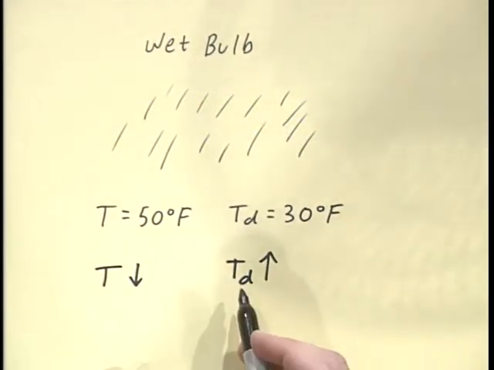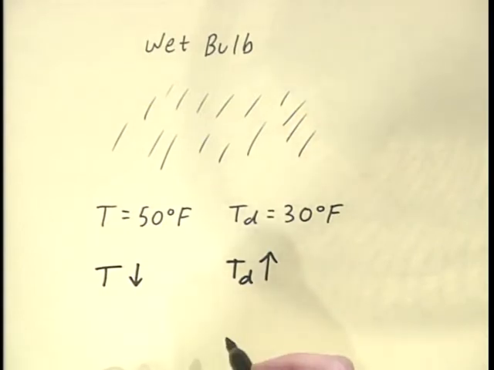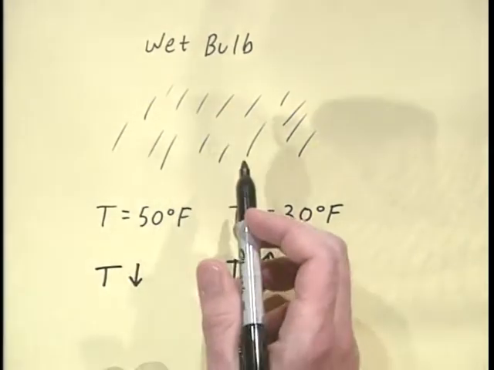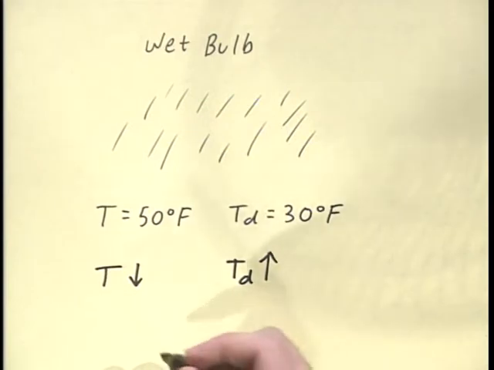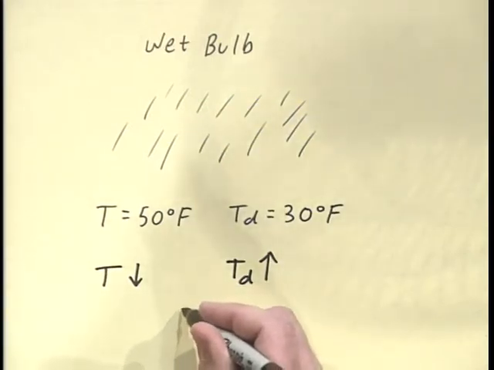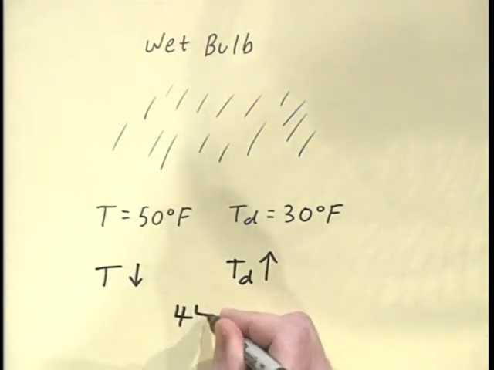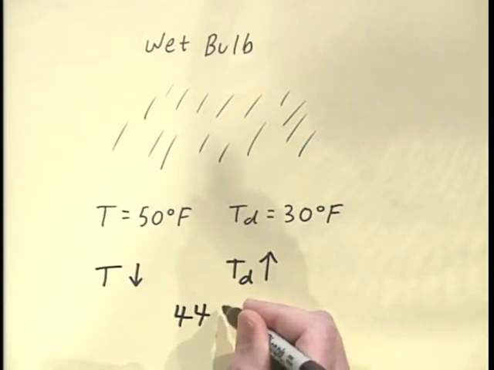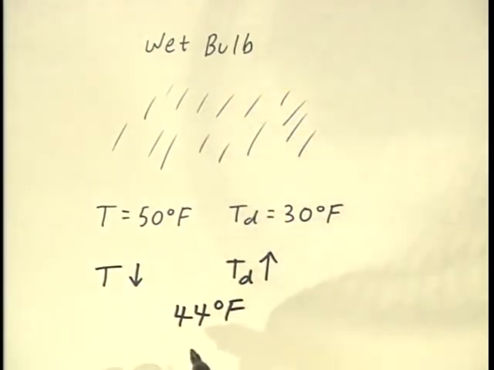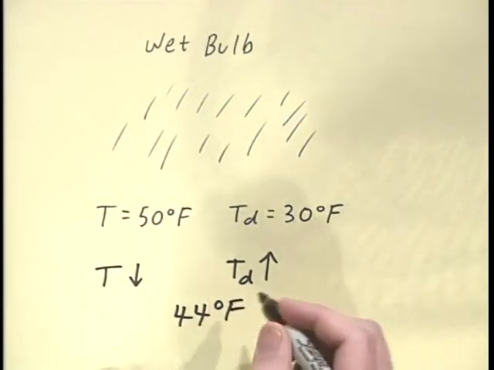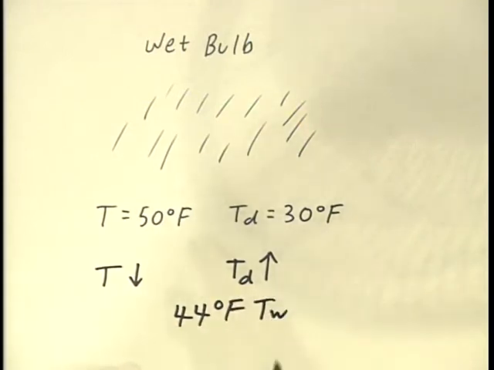Generally the dew point will increase more than the temperature will drop. So once this air becomes saturated, the temperature will even out, let's say for example, to about 44 degrees Fahrenheit. So the temperature has cooled down and the air is now saturated. This is known as the wet bulb temperature, or TW.